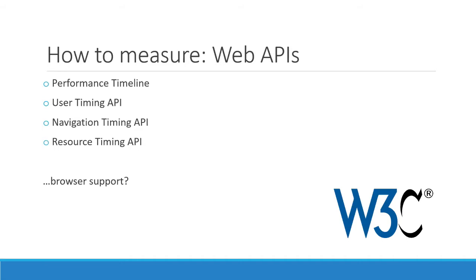So now that we talked about the metrics, how can we measure all that? It would be good to have some kind of tools that we can use to measure. How did we used to do that? Well, I used to do that with requestAnimationFrame. So you can have a requestAnimationFrame and measure the time that took from one frame to another.